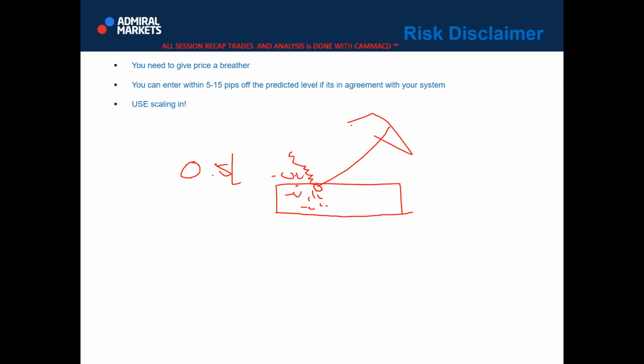Then when your profit goes up, your trade will also go exponentially up. So scaling in is connected to making more profits if the trade goes in your direction, and making less of a loss if the trade goes against your original direction.